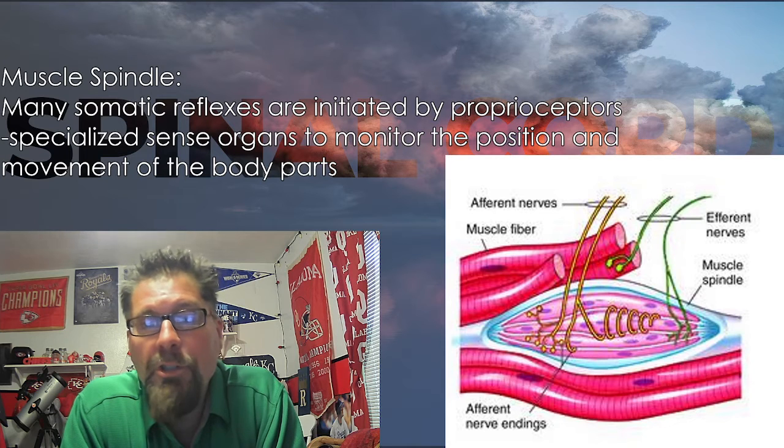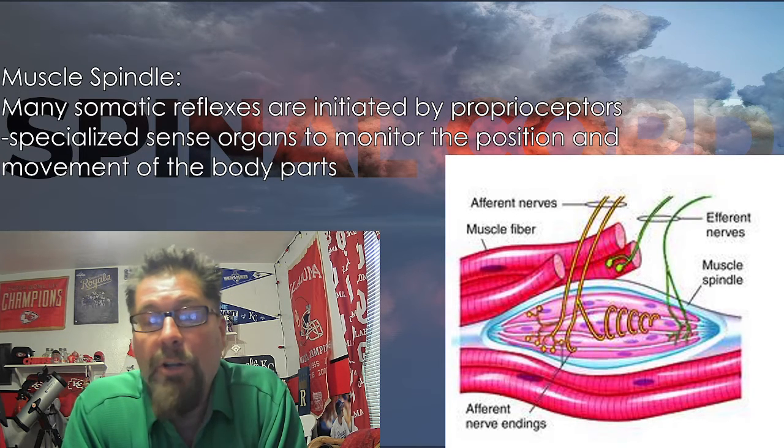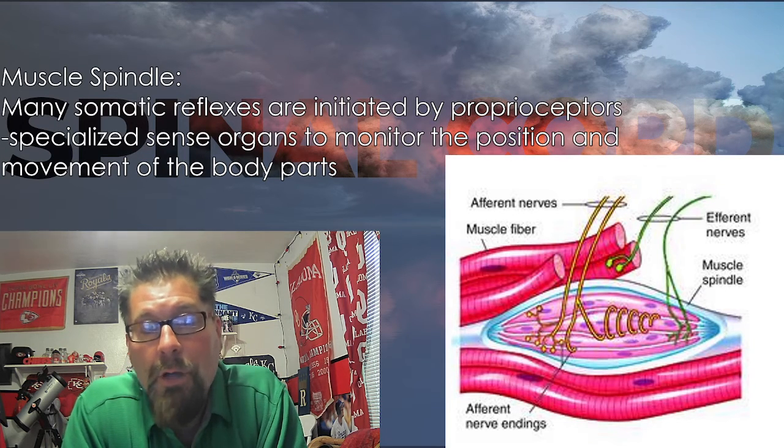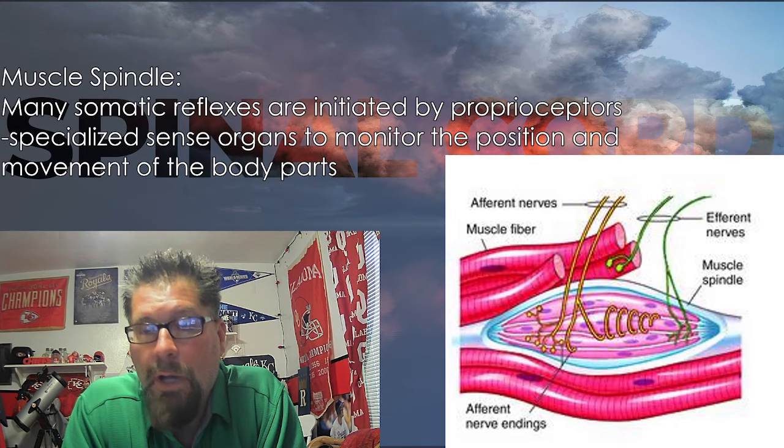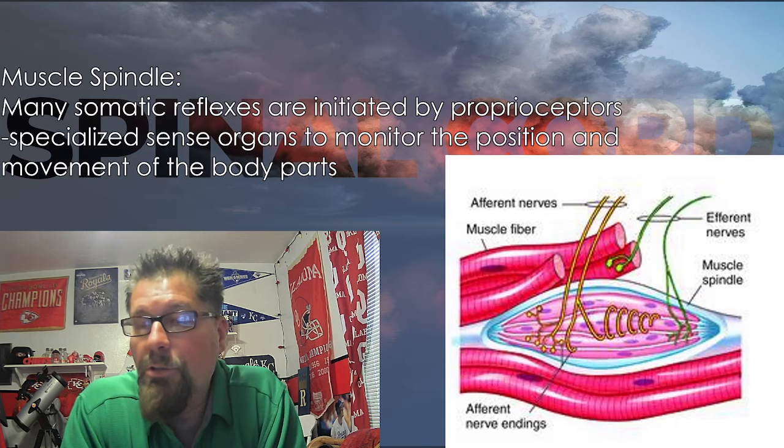But again, they're just receptors, sensory receptors, proprioceptors that are telling the brain how it's going. They're reporting back the progress of what's going on, with the idea of making corrections to the motion.